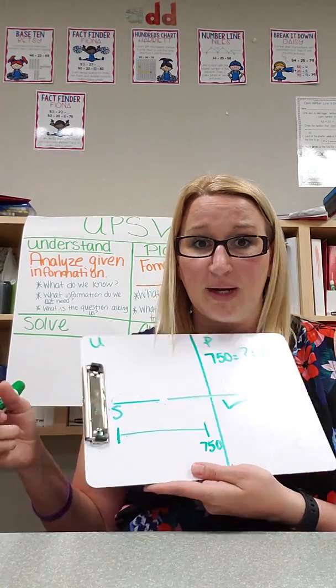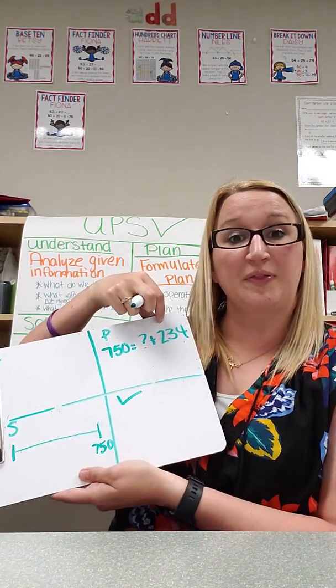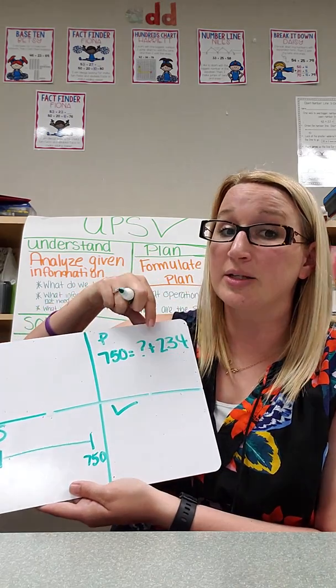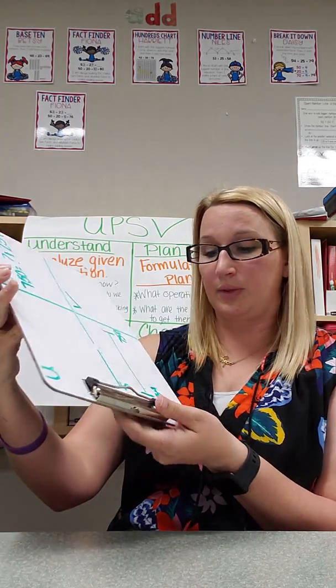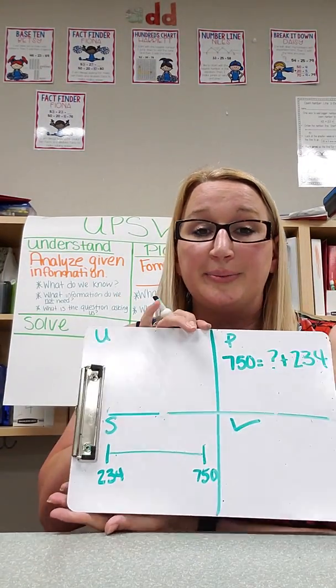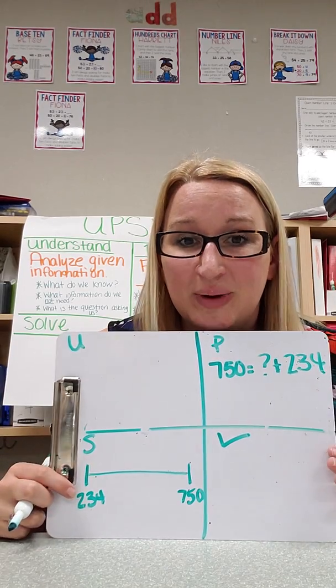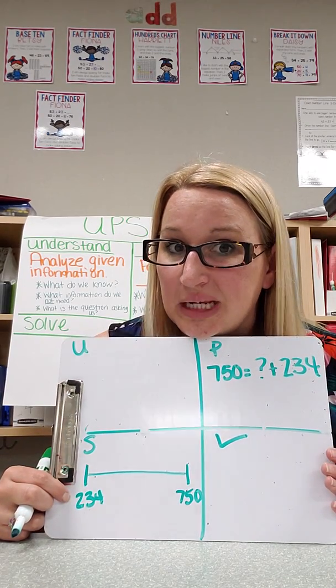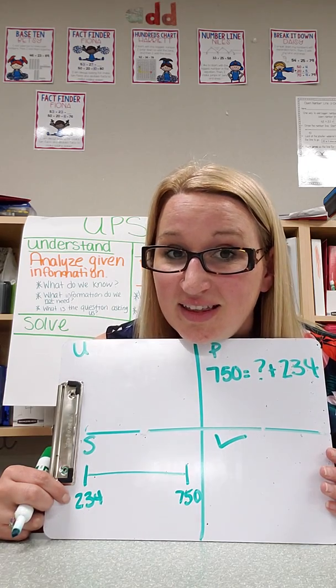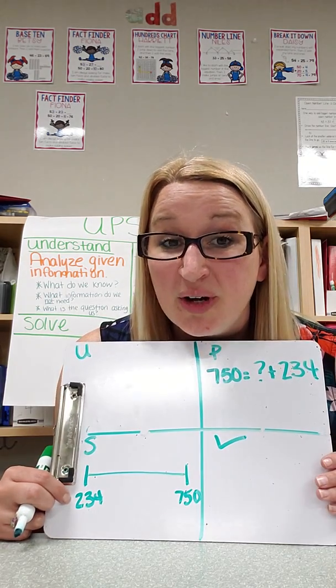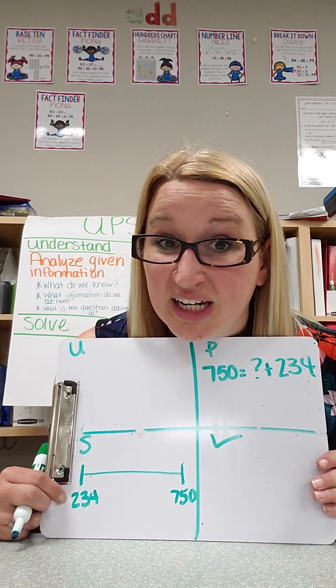At the beginning of my number line, I'm going to use my starting point, the known part. So my known part is 234. Well, I want to add and make some easy tens here. So I'm going to add 6 to this because I know that if I add 234 plus 6, I'm going to get an easy 10.